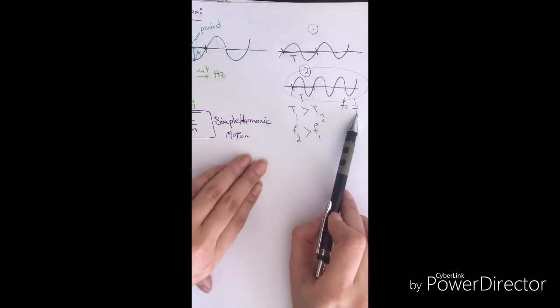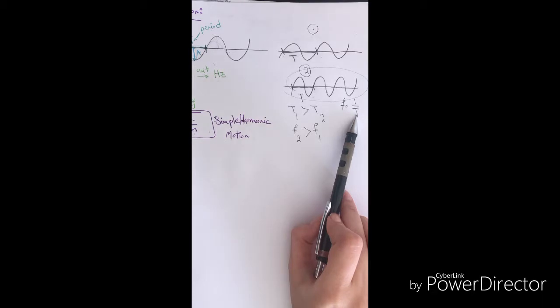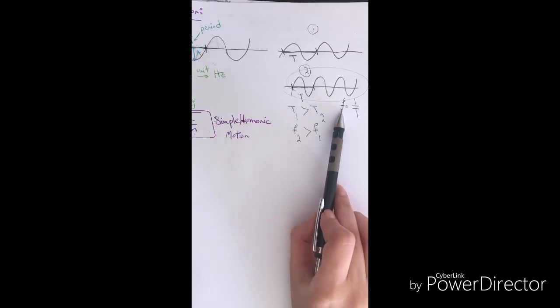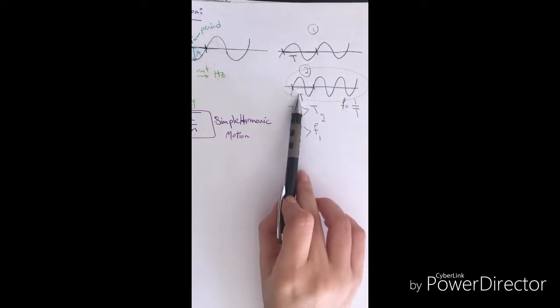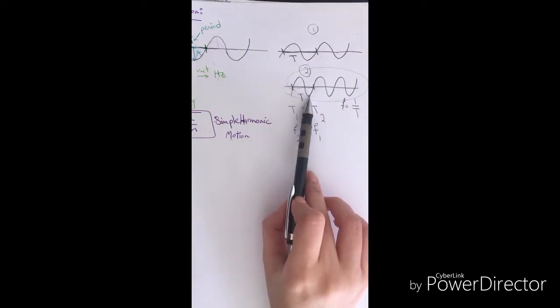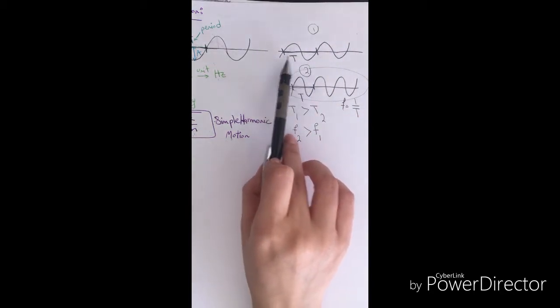When the oscillation has a longer period, it has lower frequency. The second oscillation has a shorter period, so it has a higher frequency, and the first oscillation has a lower frequency because it has a longer period.